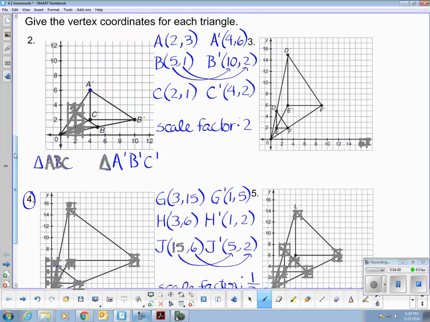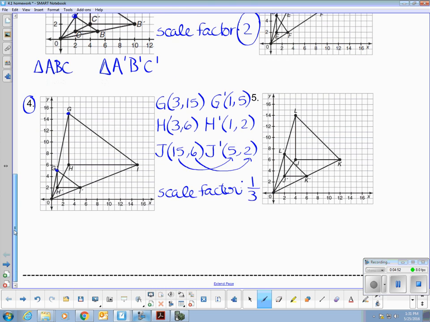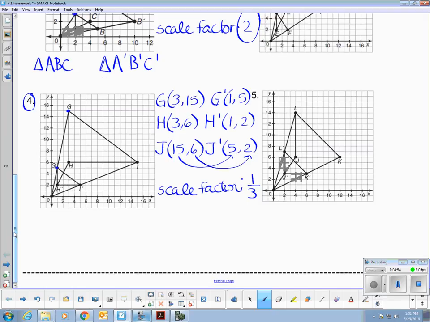So when the image is bigger, we call that an enlargement, and the scale factor is greater than 1. When the scale factor is less than 1, then the image is a reduction.